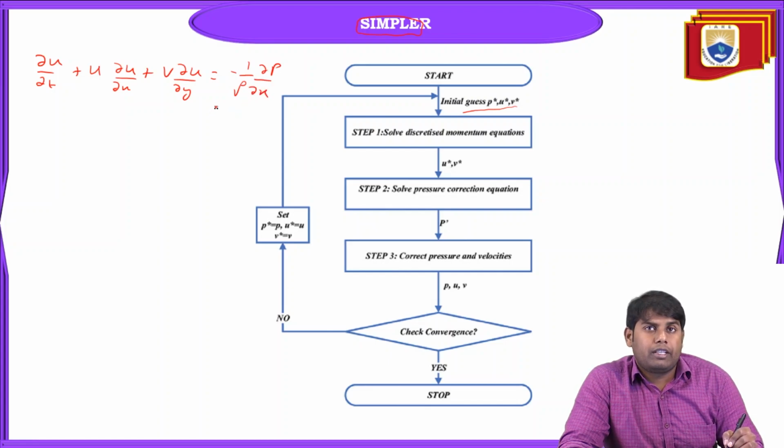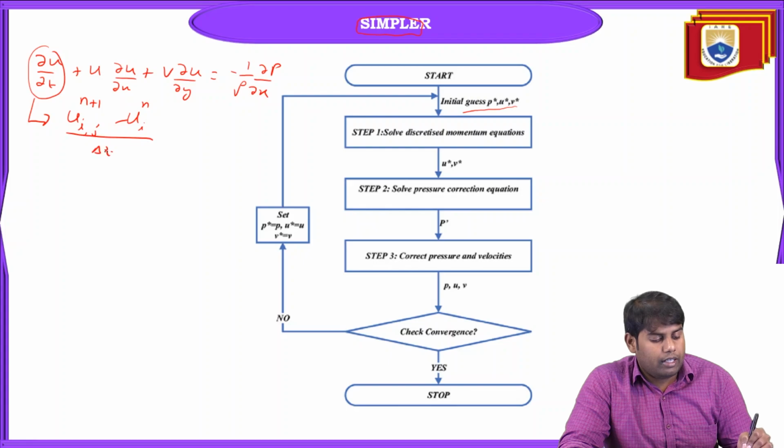Now, what do you mean by discretized equation? We take each and every term. So how do we write the discretized term for dou u by dou t? This is u of i, j to the power of n plus 1 minus u of i, j to the power of n, divided by delta t. This is the discretized expression for the first term.